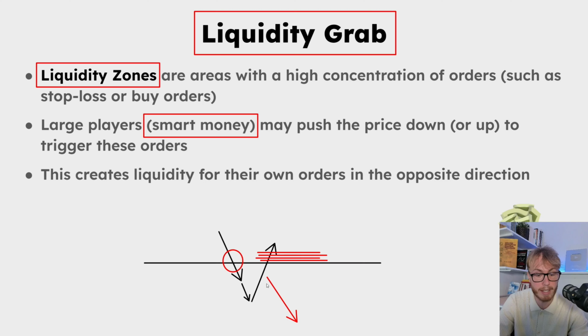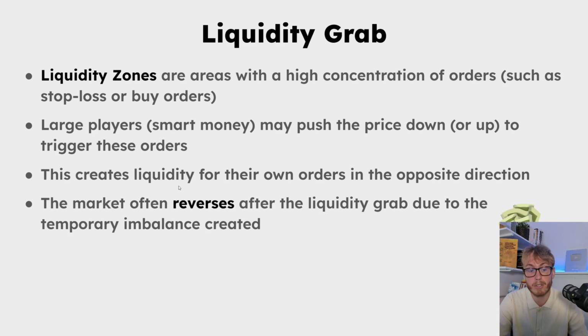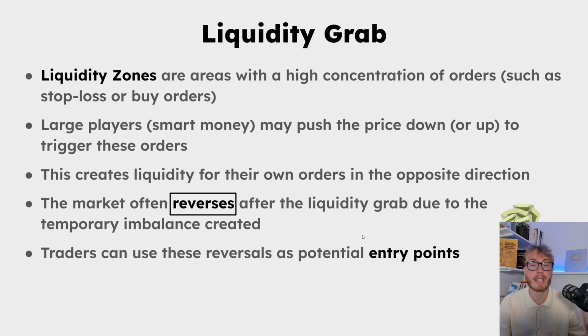So you can see that when smart money pushes the price above once again, this can in turn trigger the newly created stop loss from the short traders and create even more buying pressure. So as I just explained, the market often reverses after the liquidity grab due to the temporary imbalance that is created. And we as traders can use these reversals as potential entry points.